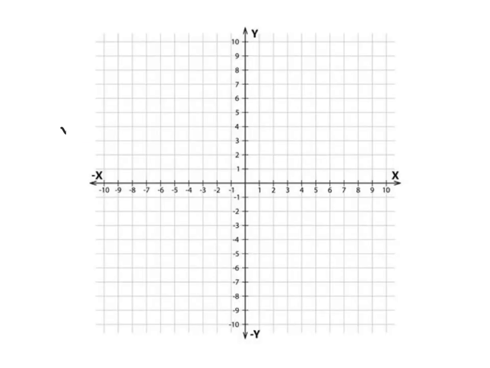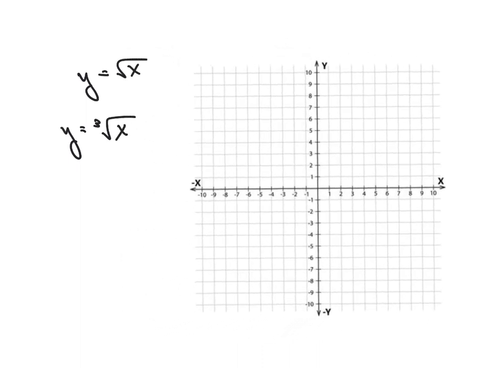Okay, just lastly on page 548, we have two different equations here that they graphed. One is y equals the square root of x, and the other one is y equals the cubed root of x. So what happens here, let me get the graph on here.